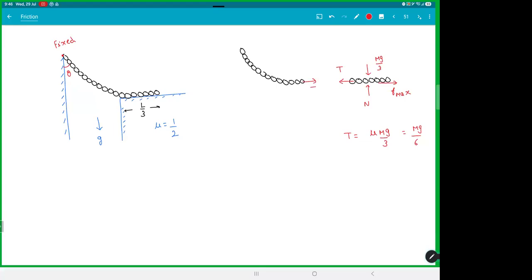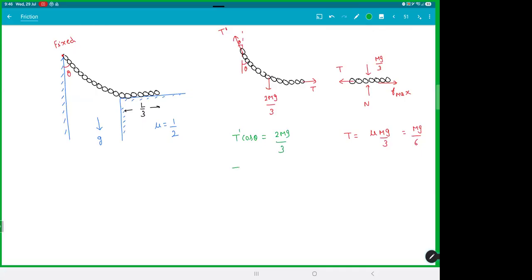That same tension is acting here. Here we have a different tension, let's call it T dash, and this angle is theta. The weight of this part is 2 mg by 3 because that is 2/3 of the length. We can clearly see the vertical component, T dash cos theta, will be 2 mg by 3.